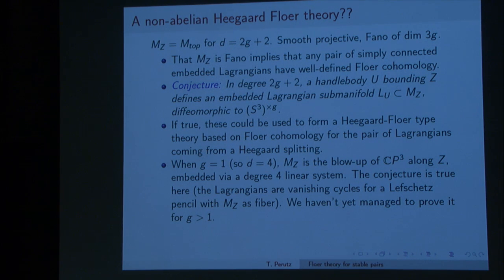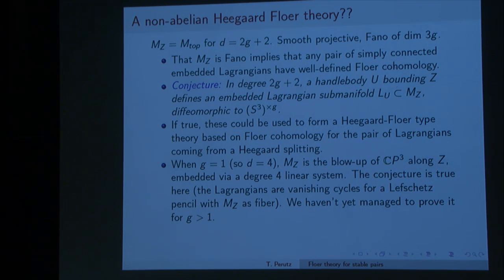So when the genus is 1, then the degree is 2 times 1 plus 2, so it's 4. So in that case, M_Z is just M_1. It's the blow-up, actually, of CP^3 along a copy of Z that's embedded in CP^3 via degree 4 linear system. Okay? And in that case, the conjecture is true. So in that case, one is asking for Lagrangian three-spheres attached to bounding handle bodies.